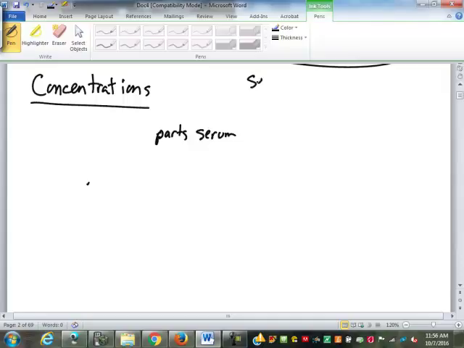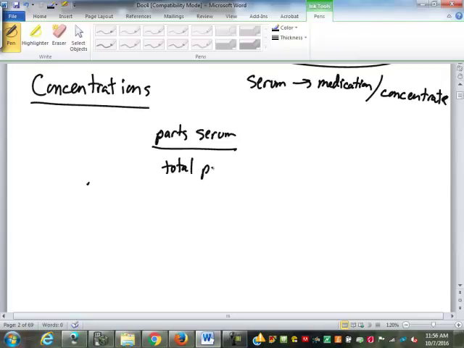For this class, the term serum refers to any sort of medication or a concentrate. So it might not be pure medication, it might be the more concentrated, the higher concentration of the medication. So the concentration is the parts of the serum to total parts.